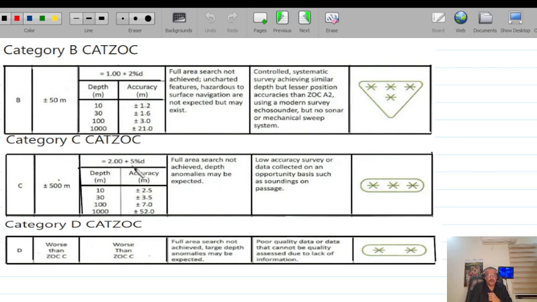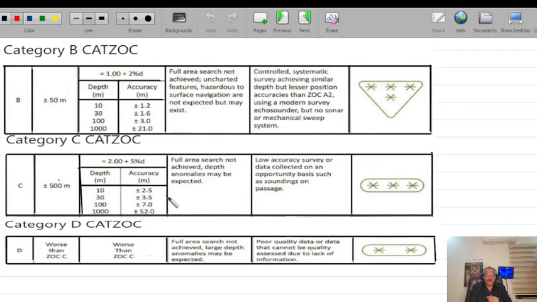In this case, if you have a depth of 10 meters in category C CATZOC, then the accuracy is plus minus 2.5, 30 meters plus minus 3.5, 100 meters plus minus 7 meters, 1000 meters of depth, then you have accuracy of plus minus 52 meters.